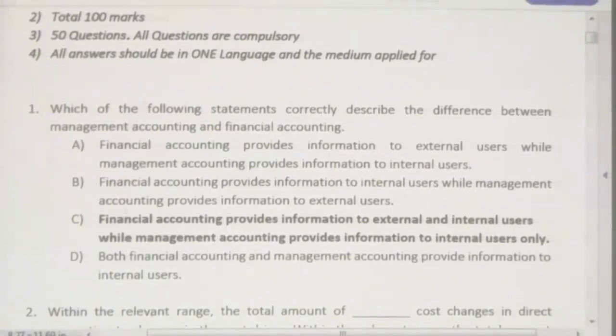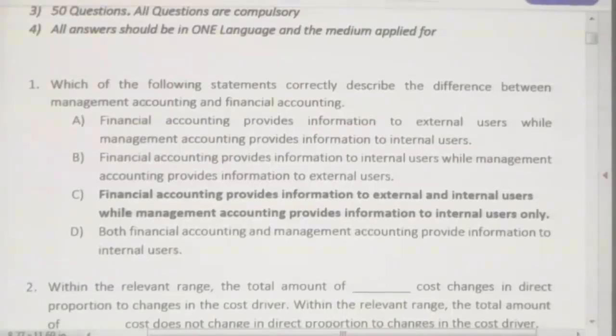The first question is basically focused on the identification or separation of management accounting from other accounting aspects. Basically, we practice financial accounting for the purpose of presenting financial statements. In addition to that, we have this management accounting subject.